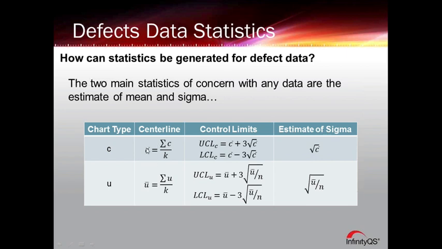Similarly, my estimate of sigma is the square root of that average variation. That's where I determine my control limits on my control chart. The exception is as I approach 0: I obviously can't have negative defects, so my lower control limit effectively goes away, and I just have an upper control limit.